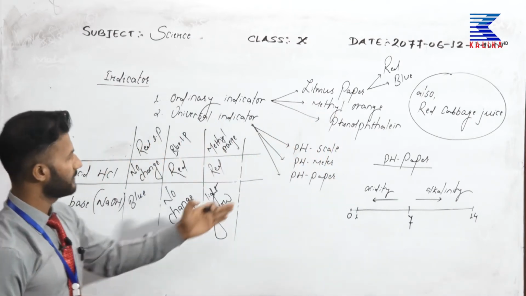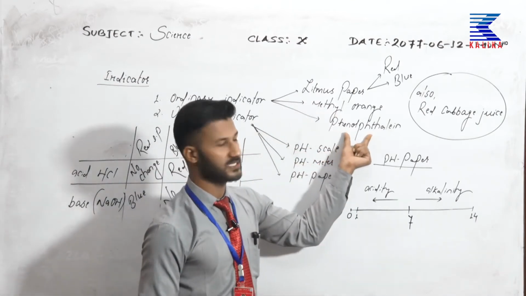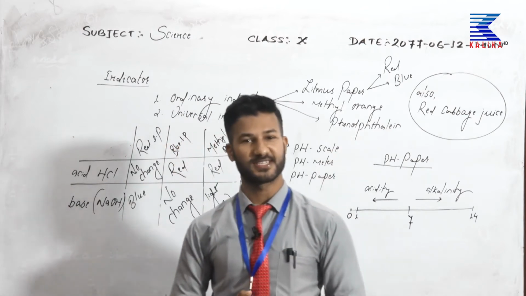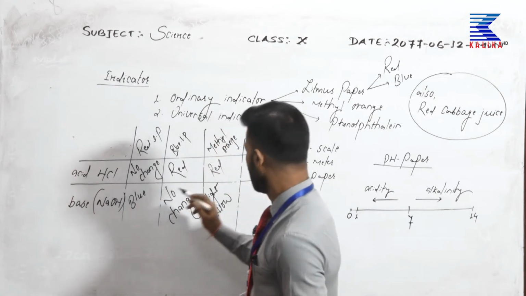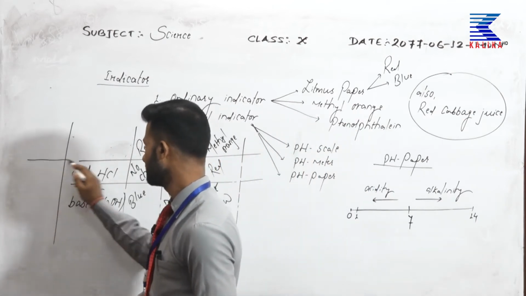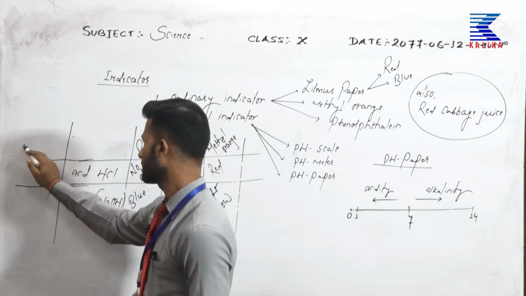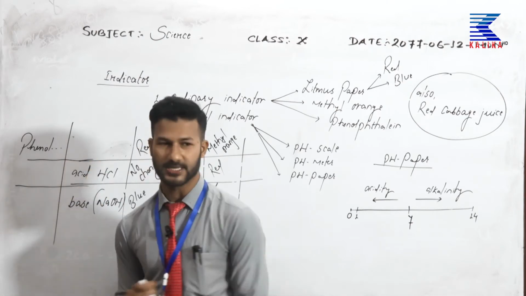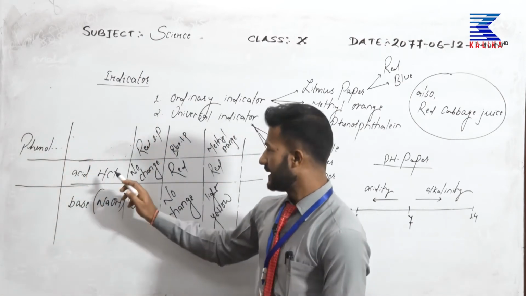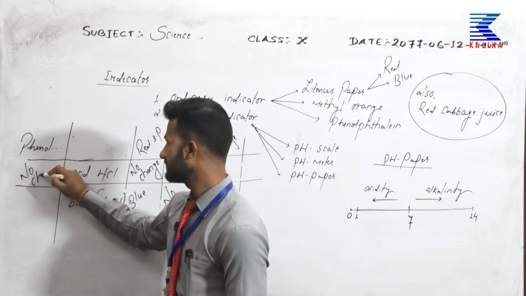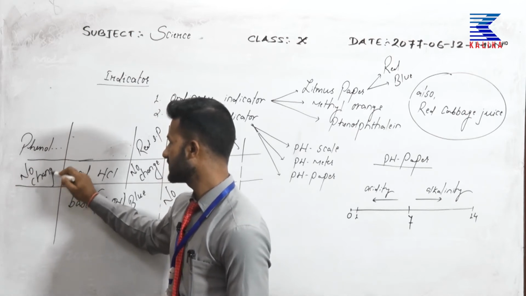I have not written anything about phenolphthalein. Let me talk about that also. Phenolphthalein, let me write here, no problem. Acid does not bring any change with phenolphthalein, no change.